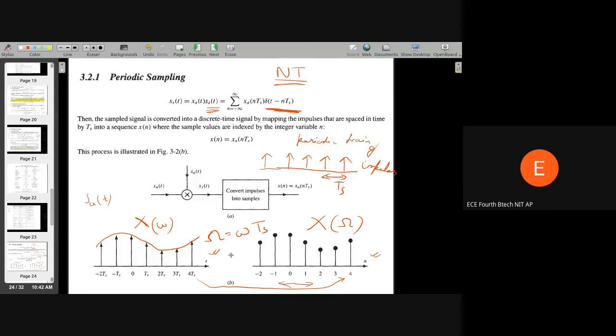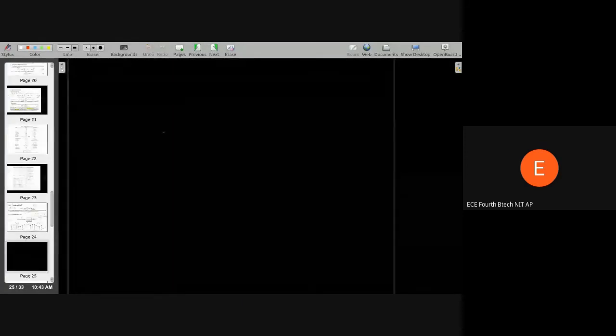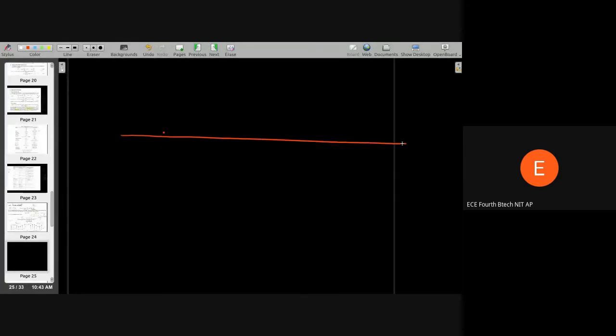Sometimes we represent this by omega, and if you write 2 pi f, you can write the continuous frequency equal to the discrete frequency times fs. So what will happen is, let me add a page.